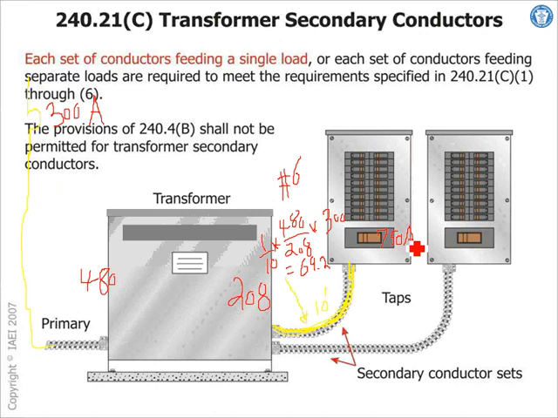Only for industrial applications do they allow you to go up to 25 feet away from the transformer. Other than industrial, you have to stick with the 10-foot. Okay, now that's if you have a 10-foot tap on the secondary side of a transformer.